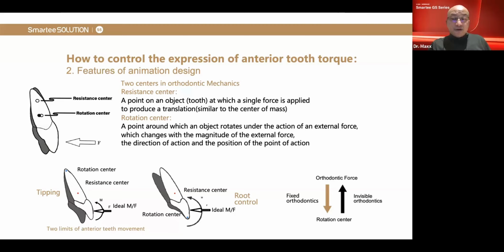First, we point out the rotation center in the animation design in the computer, and then with the aligner put on the tooth, the orthodontic force comes. So we have rotation center, then we have orthodontic force. It's quite different between fixed orthodontics and invisible orthodontics in the movement of the anterior tooth.